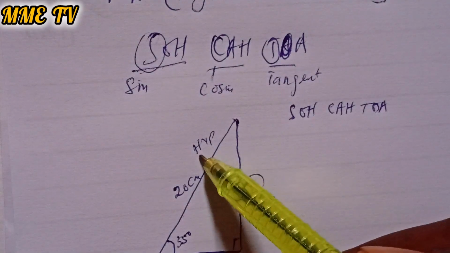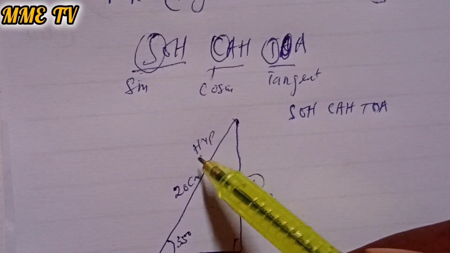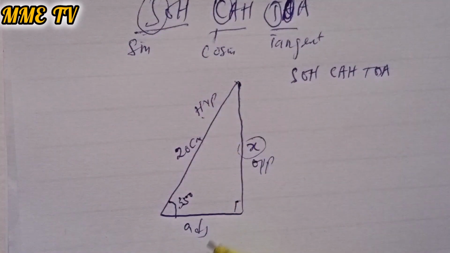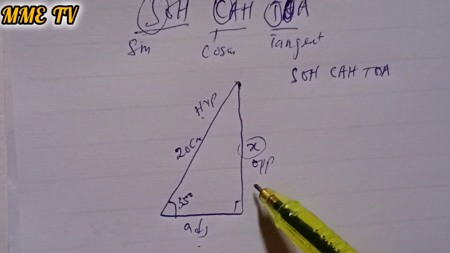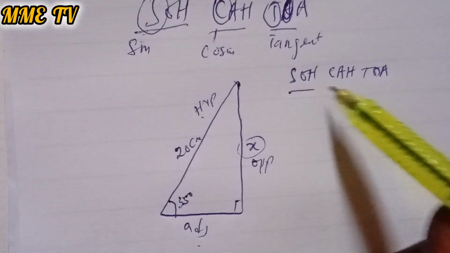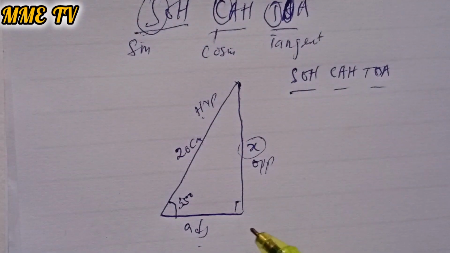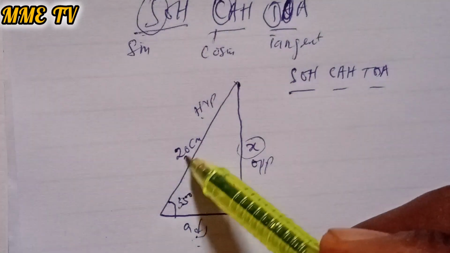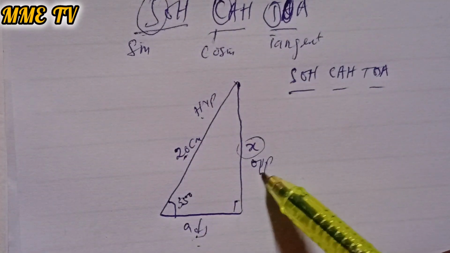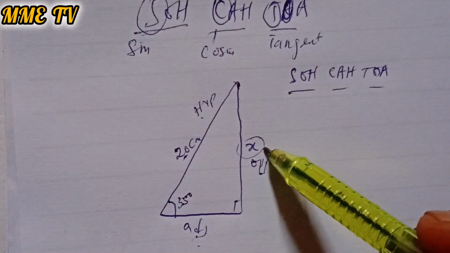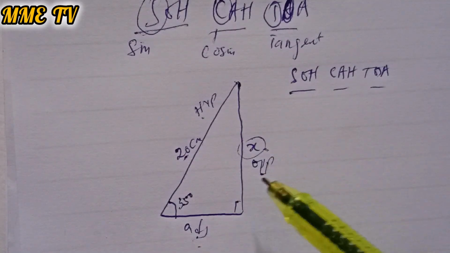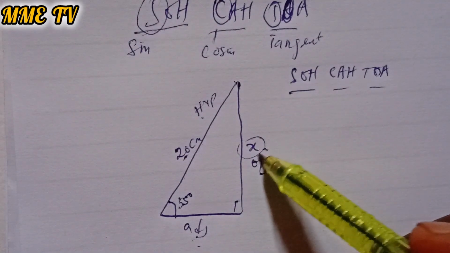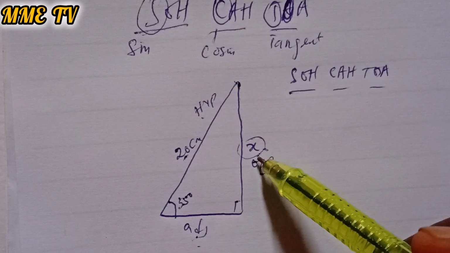Now, if I call here my hypotenuse and call here my adjacent and call here my opposite, which of these three matches, knowing fully well that we have nothing to do with the adjacent? No value is given here, but a value is given here and a value is given here. But this value here is unknown, meaning that what we are solving for is this X. Do you understand what I'm saying?